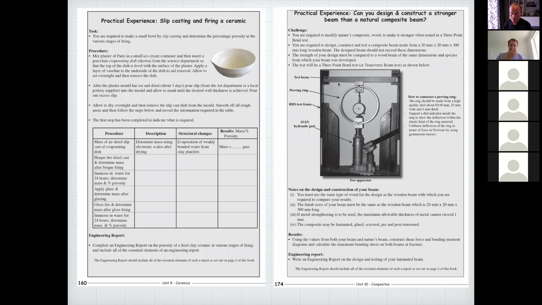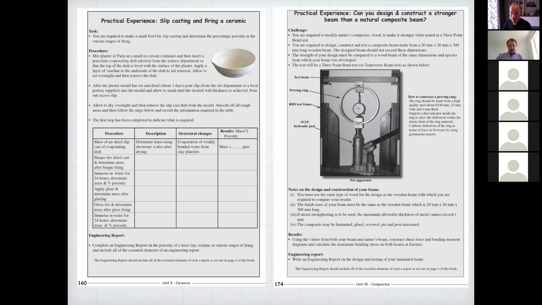The idea is that I gave the students a 20 by 20 millimeter piece of wood, which is 300 millimeters long. And we tested that and worked out what force occurred when it failed.